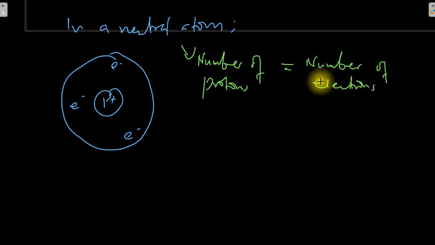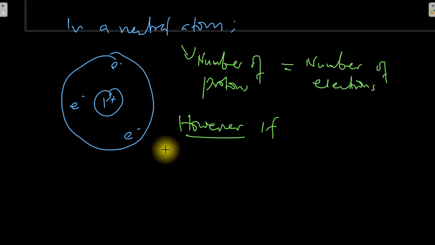Since protons and electrons have an equal charge, if the number of protons is equal to the number of electrons, that basically means that the atom is electrically neutral. However, let us impose some conditions here.